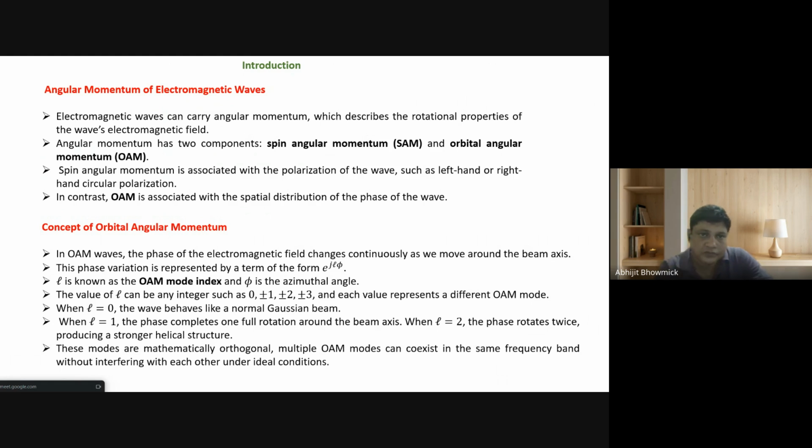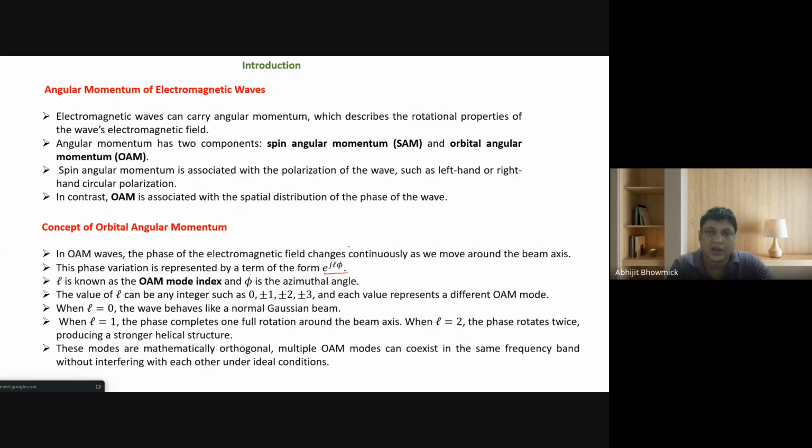Now, what is the concept behind OAM? In OAM, the phase is changing around the beam axis, and this phase variation is represented by e to the power j l phi, where l indicates the mode index and phi is the azimuthal angle.